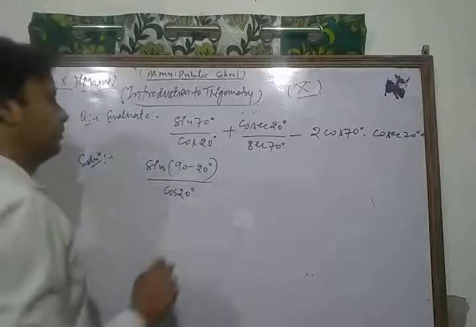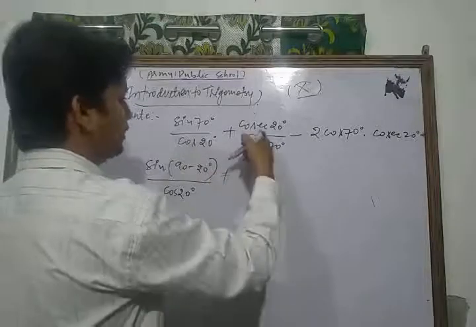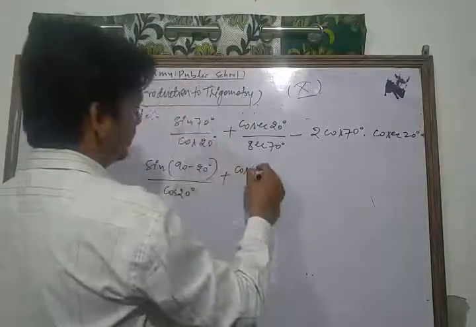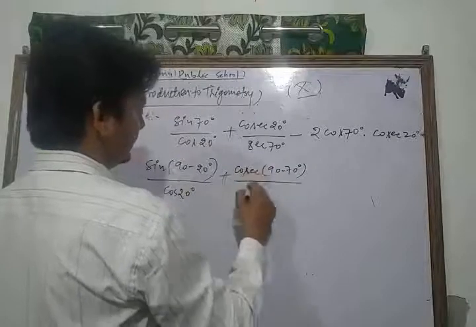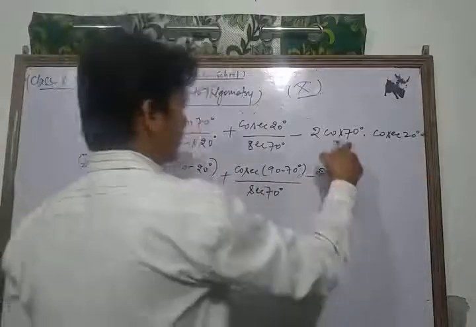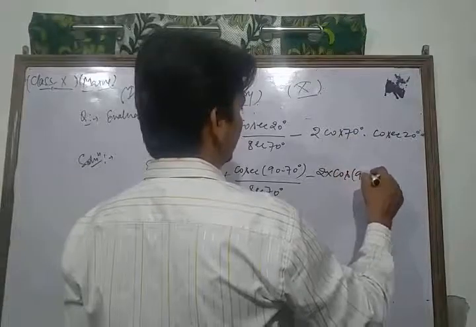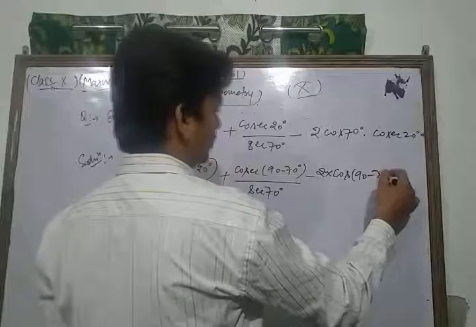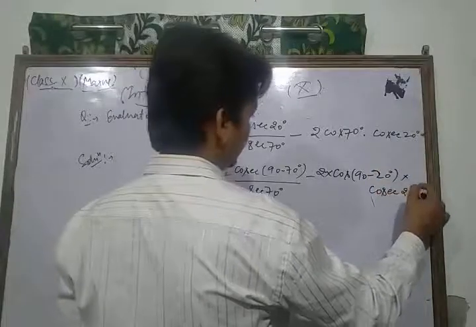Same method applies in the second part of that question. Cosec 20 we can write as cosec 90 minus 70 degree upon sec 70 degree as it is, minus 2 into we convert 70, so we can write cos 90 minus 70 degree, 20 degree, sorry, and into cosec 20 as it is.